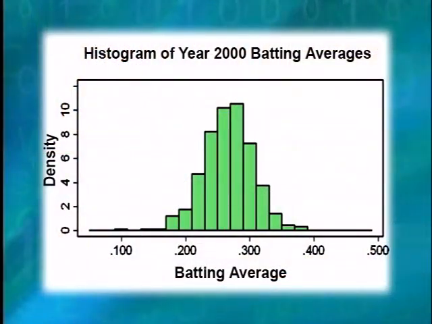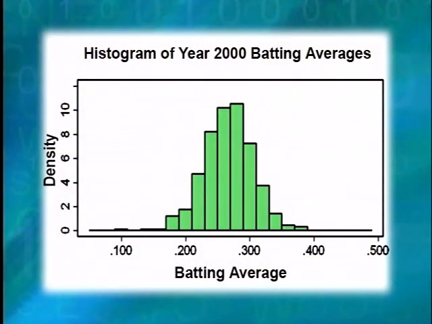Now let's go through one other example that will bring up another feature of data sets, and that is the concept of how widely dispersed the data are. So this graph is a histogram of the batting averages of Major League Baseball players in the year 2000.